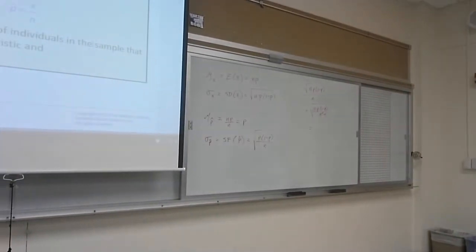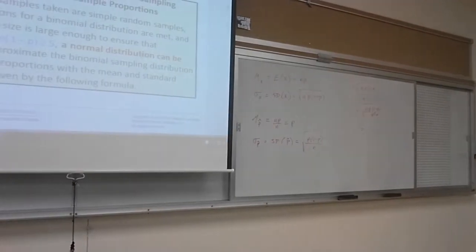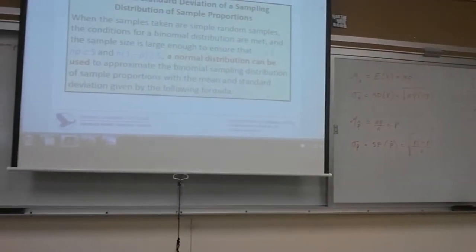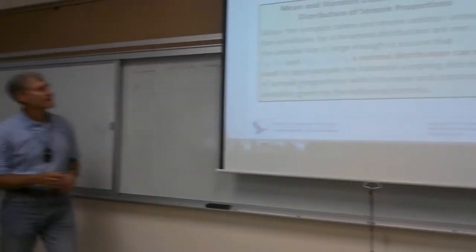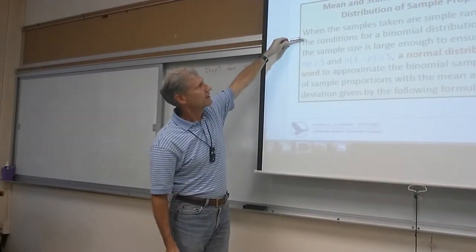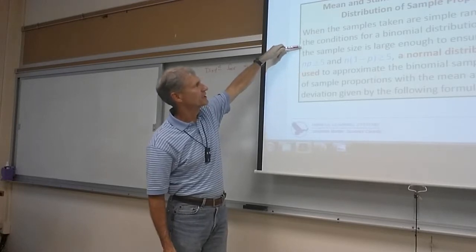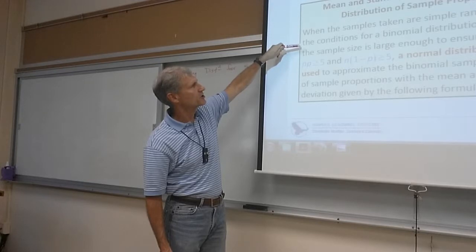Now, the central limit theorem tells us those two things, the mean and the standard error, in addition to the shape of the distribution. When the samples taken are simple random samples, the conditions for a binomial distribution are met.